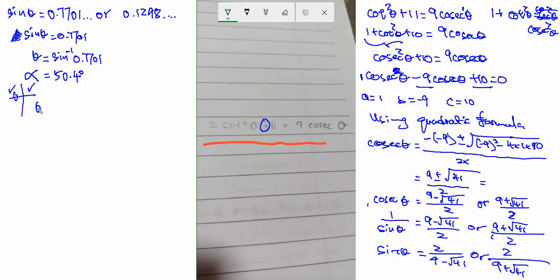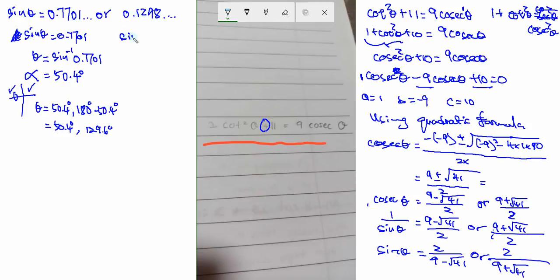So the angle would be 50.4 and then 180 minus 50.4. So this finally gives you 50.4 and 129.6.